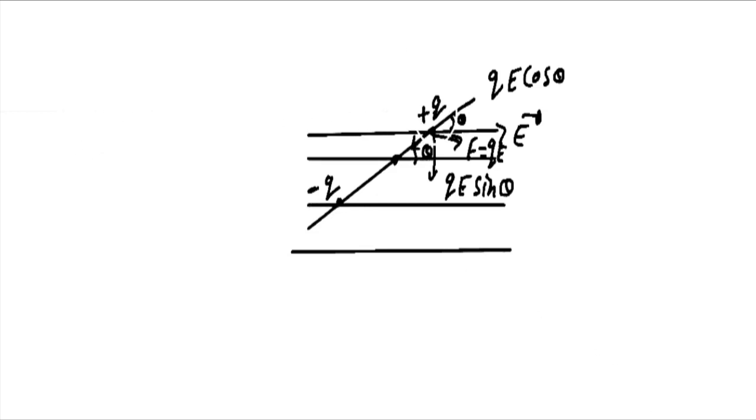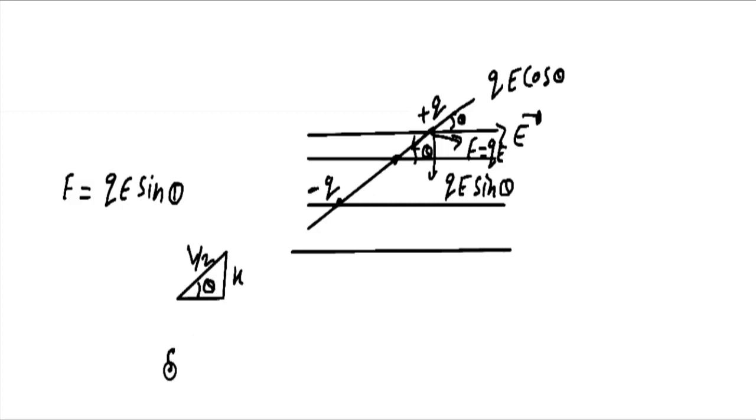The rest of the force means this is an oscillation, SHM. So F is equal to qE sin theta. For sin theta, we take this as x, and the length is L, so this half is L by 2, and this angle is theta.